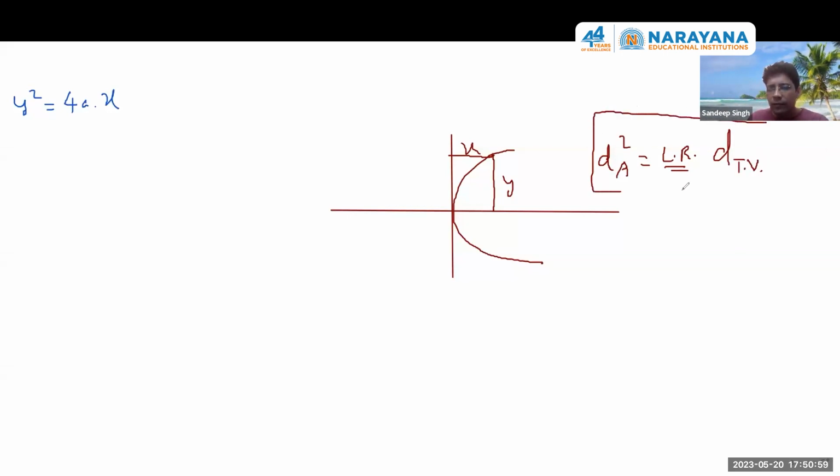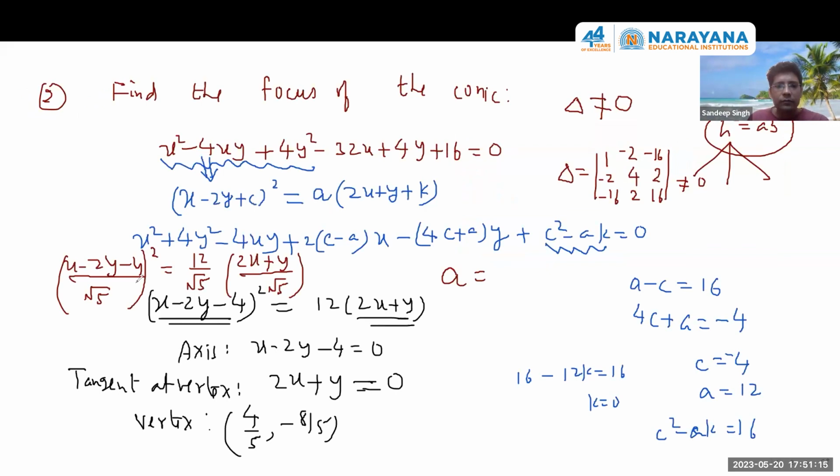So in this manner, I can write the parabola. But remember, this can include both parabolas, to the right and to the left. Then you can identify depending upon which side we require. So this is your axis, and this represents distance from axis, because geometrical properties are not going to change. And this will be your tangent at the vertex.